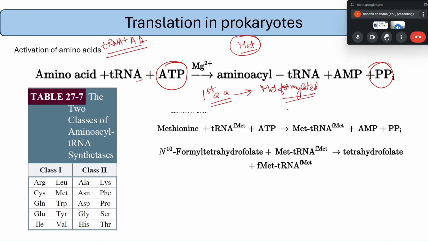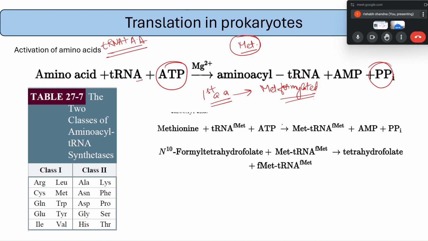Okay, so this amino acid is formylated. So here, what happens?